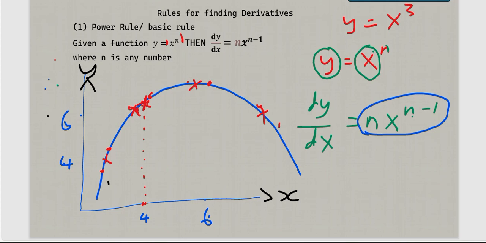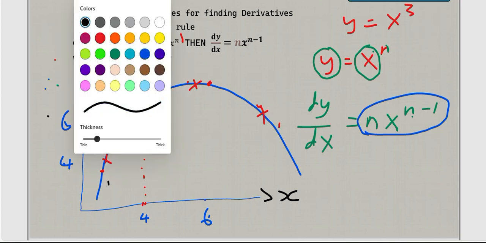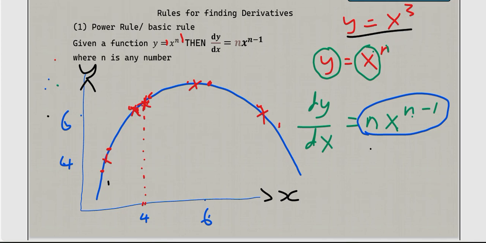So I'm going to take this equation, which is the one I want to work out: y equals x cubed. What is our dy by dx, the change of y with respect to x? How do we get that? You take your n, which we know is 3.